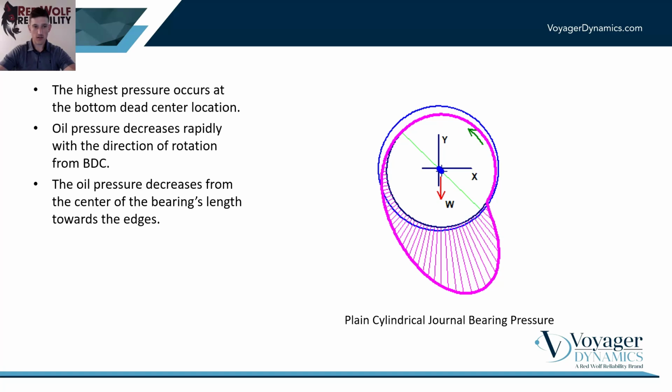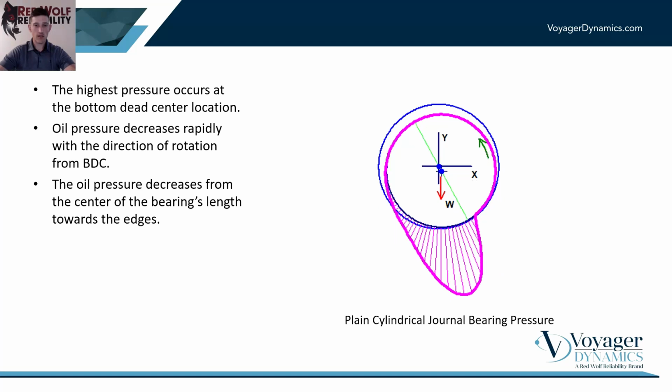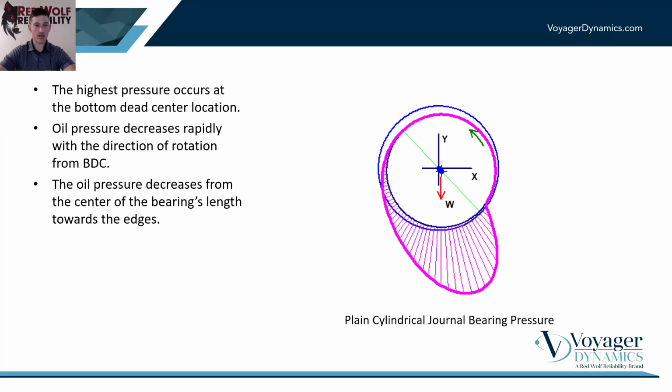But initially, right after startup, you'll notice in this animation that we have a very skinny area that supports our rotor. But our magnitude or our amount of pressure at that area is actually high. That's because we have a fixed amount of load that we're supporting due to the weight of the rotor.